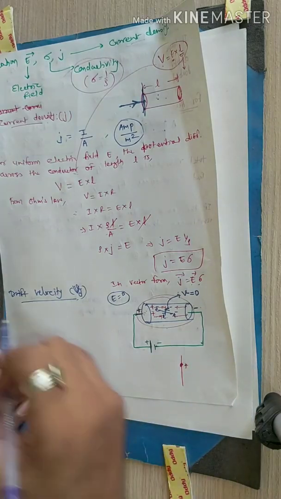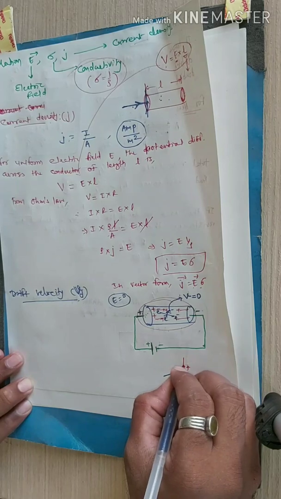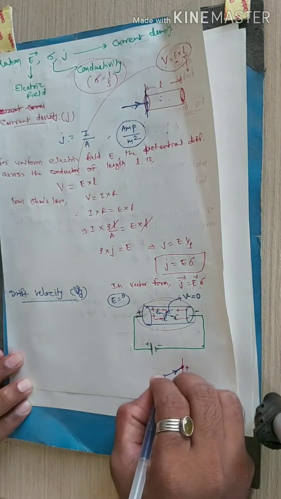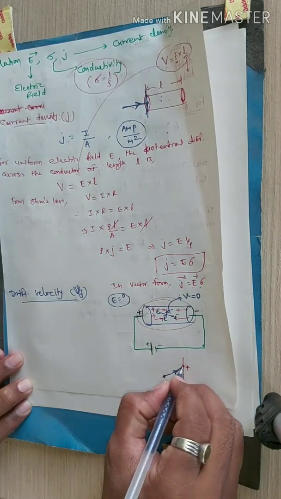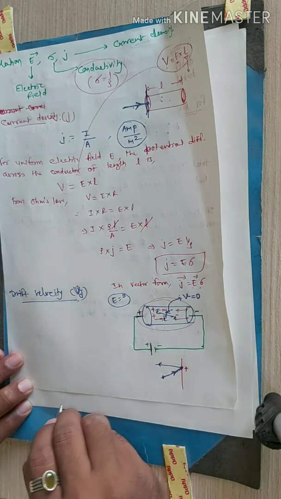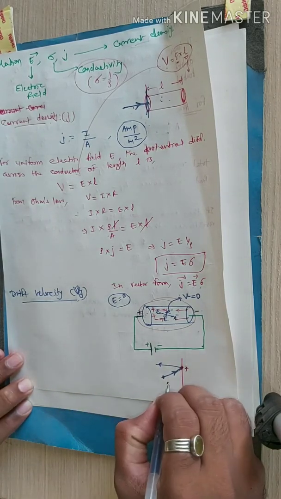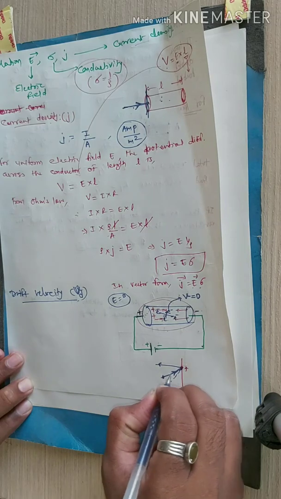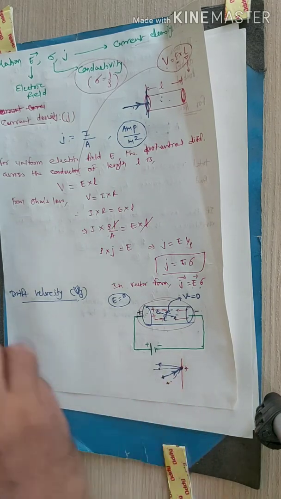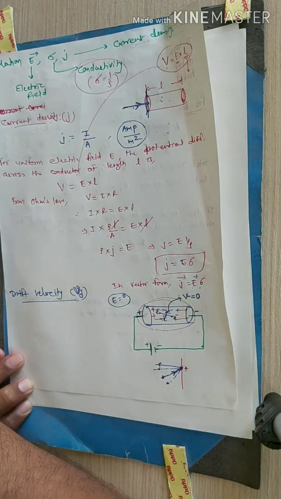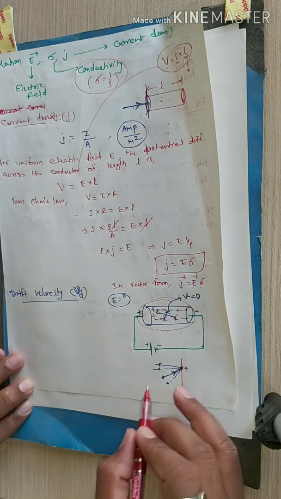Same way, another concept. Suppose this one is a positive charge. Now if we take an electron, suppose this electron collides with this positive charge, and after collision it moves back. Same way, another electron will collide with the same positive charge and move back.